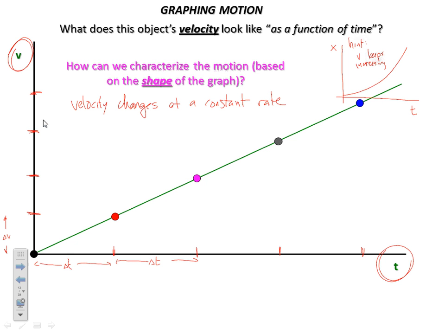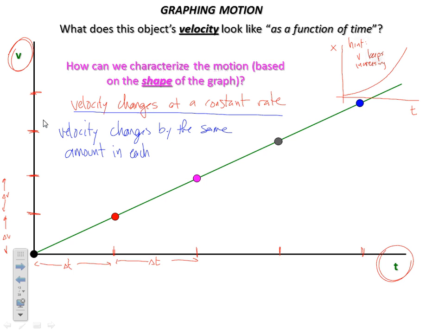Another of those delta t's, another equally sized delta v, and so on and so on. There's another way to say the same thing. If velocity changes at a constant rate, or even more clearly, velocity changes by the same amount in each equal unit of time.